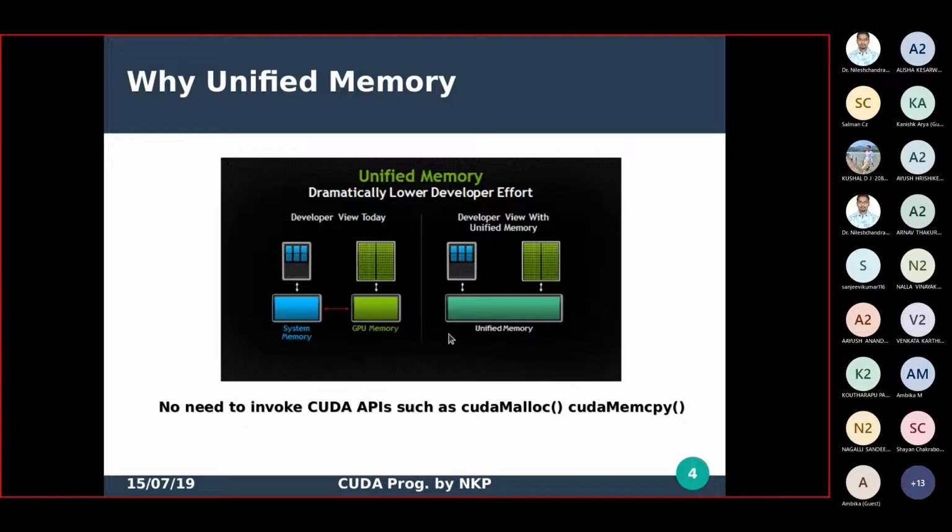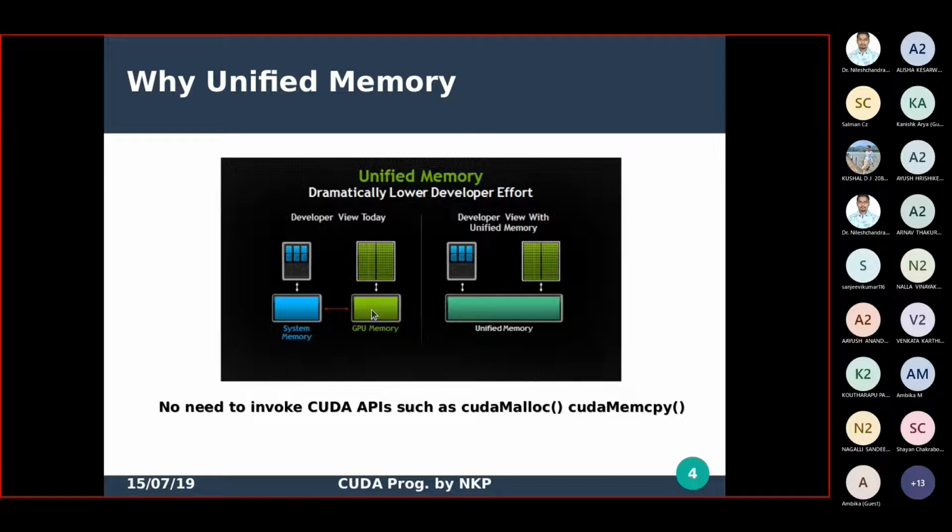So what is the concept of unified memory? In this picture, two scenarios are there. One is without the unified memory concept, and another one is with the unified memory concept. If you see on the left hand side, we have blue color indicating the CPU processor, and a dedicated RAM is available for the CPU. Similarly, this green shows the GPU and its own GPU memory, right?